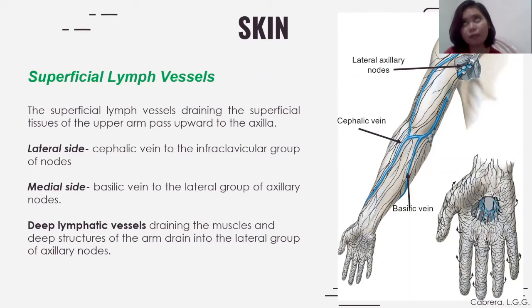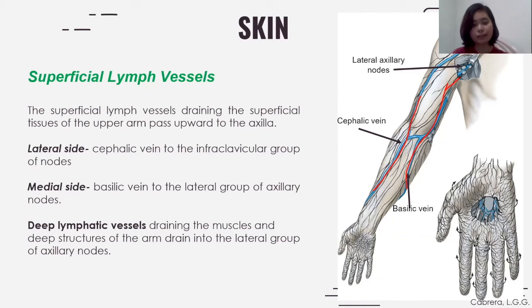What I have said earlier, the cephalic vein is on the lateral side, so it will go to the infraclavicular group of nodes, while those from the medial side will follow the basilic vein to the lateral group of axillary nodes. This is the basilic vein, which is on the medial side of the arm, and it will go to the lateral group of axillary nodes, which is right here.